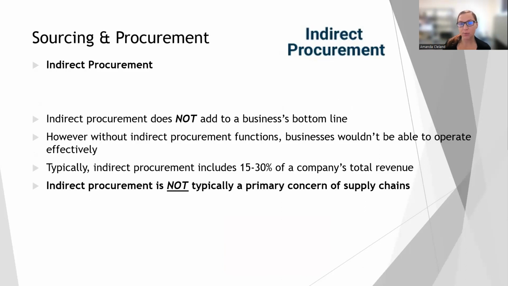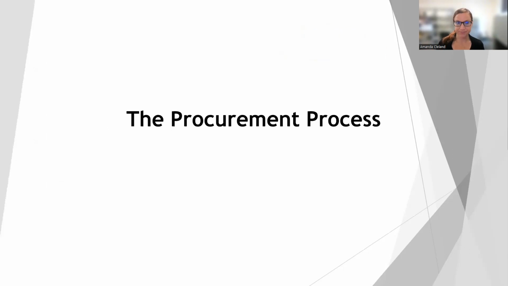And indirect procurement is not typically a primary concern of supply chains. Again, it's important to the actual day-to-day business, and the business needs to keep running, but it's usually not a primary concern of supply chains. So direct procurement is the concern of supply chains. Indirect procurement, not so much. It is important, but it's not a primary concern of supply chain.